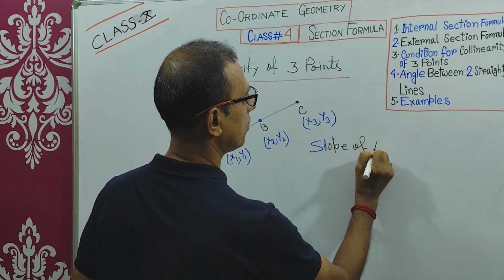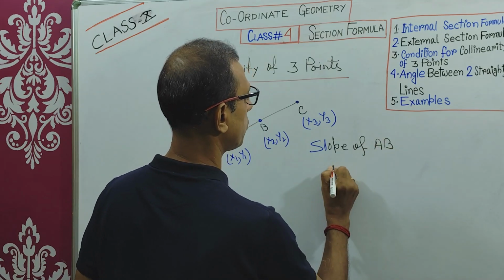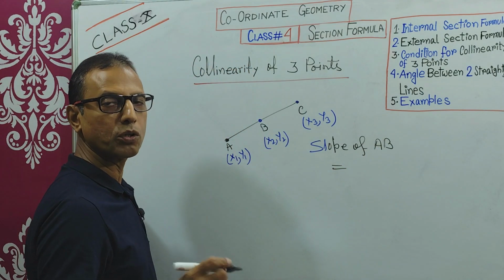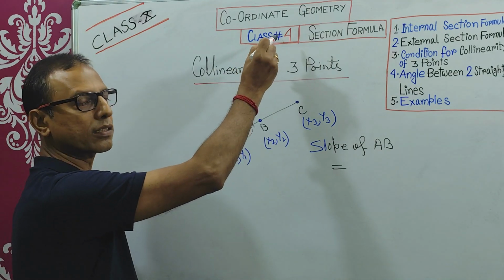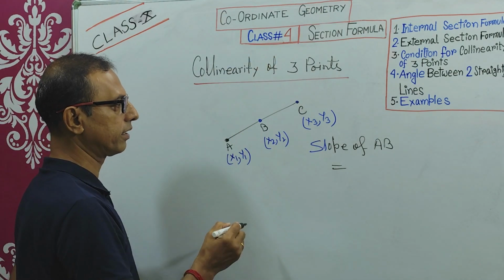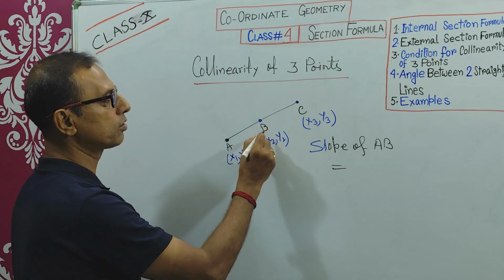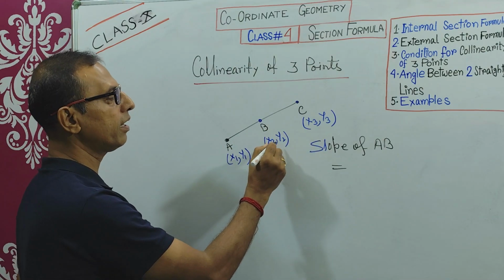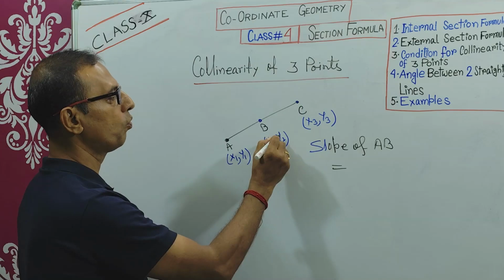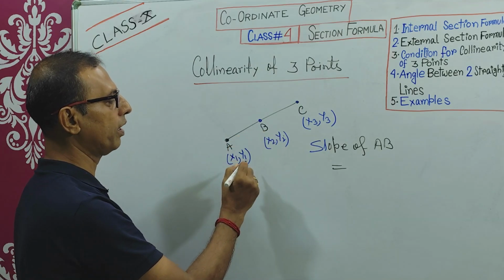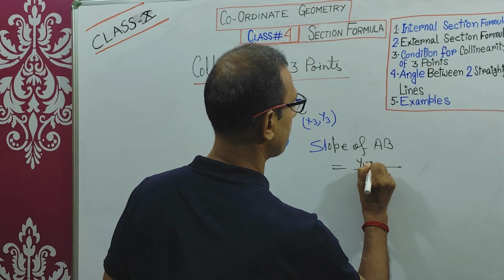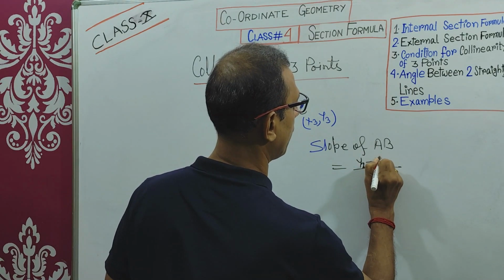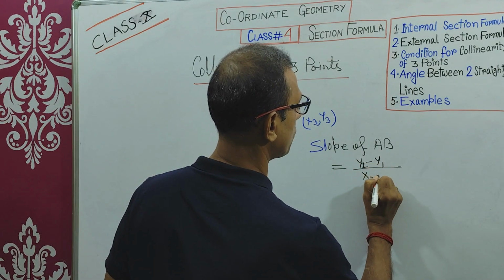What will be the slope of AB? You know the formula; we already did it in the previous class, the third class, so look into that class. The slope of AB will be the difference of the y coordinates over the difference of the x coordinates, y2 minus y1 by x2 minus x1.